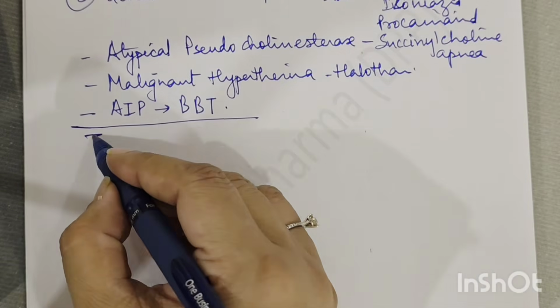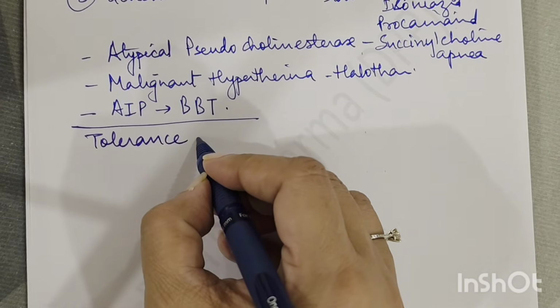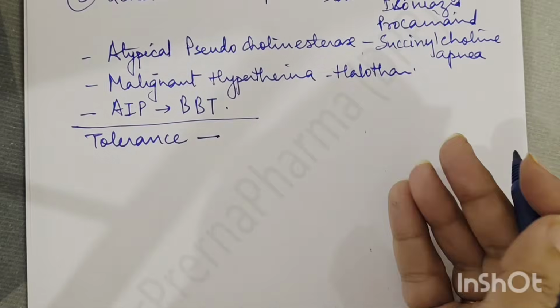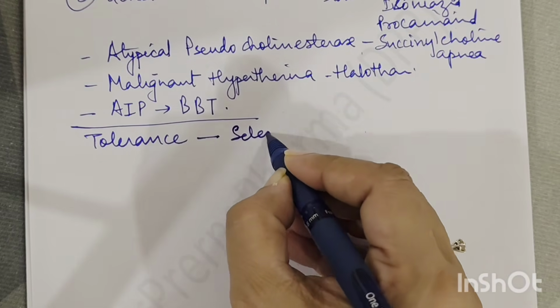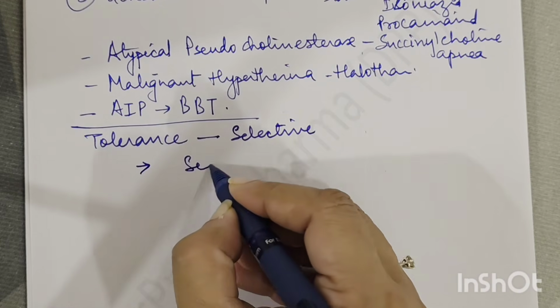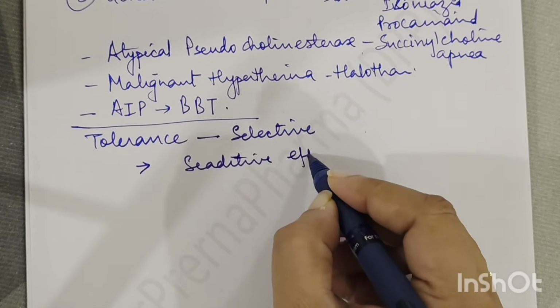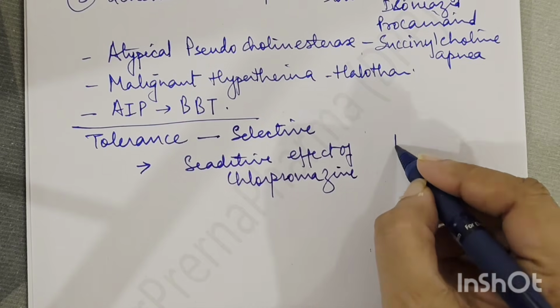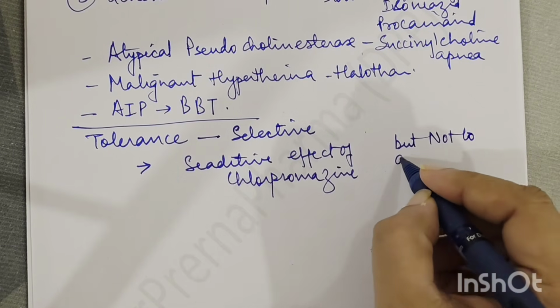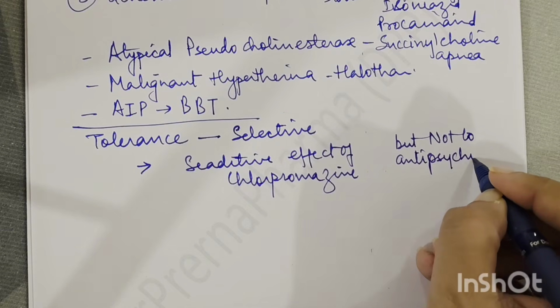Then we come to the next concept, that is tolerance. Now tolerance occurs to drugs when they are used for a long time in a patient. So tolerance can also develop selectively. Like tolerance can develop to the sedative effect of chlorpromazine, but not to the antipsychotic, right?